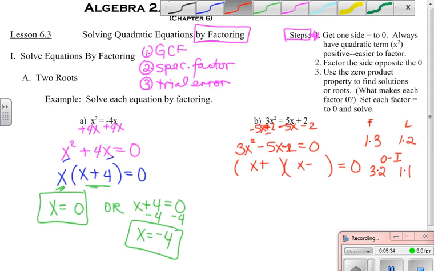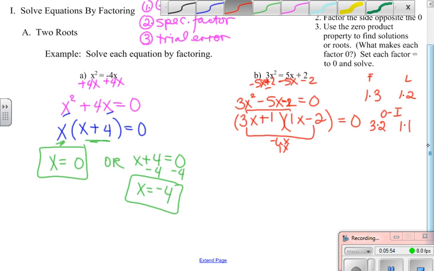Now I want my 5 to be negative, so if I put my 2 there and my 3 there, that leaves a 1 and 1. Outside term, minus 6x. Inside term, 1x, that gives me minus 5x. Quick check of your first two, 3x squared, last two, minus 2. So what do I have here? I have 3x plus 1 times x minus 2 equals 0.